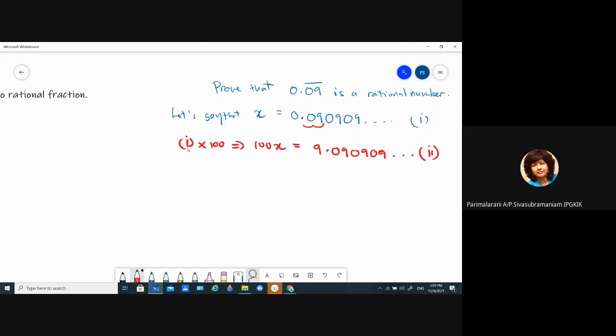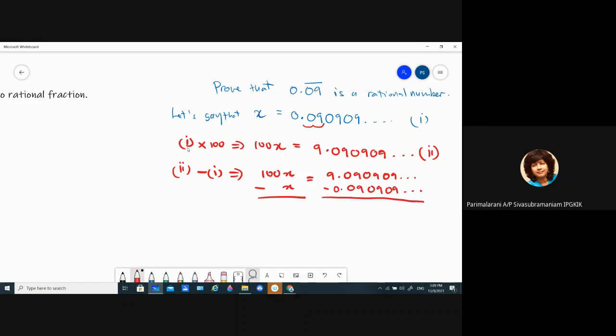Now equation 2 minus equation 1, we get 100x minus x is equal to 9.090909 minus 0.090909.